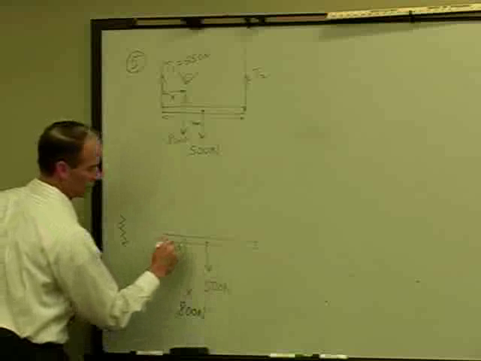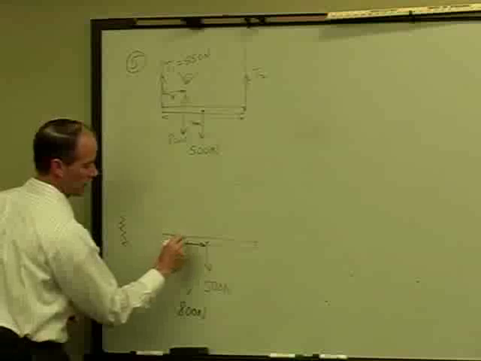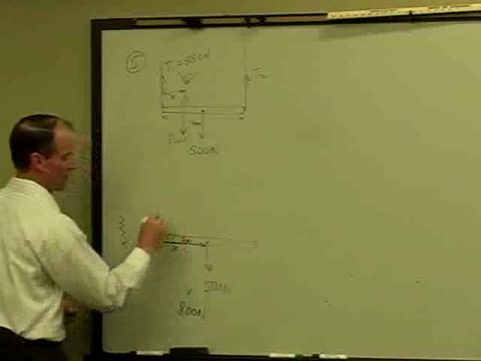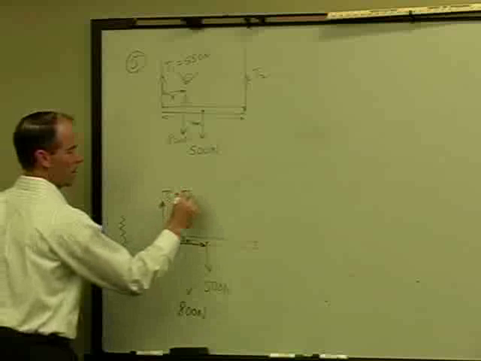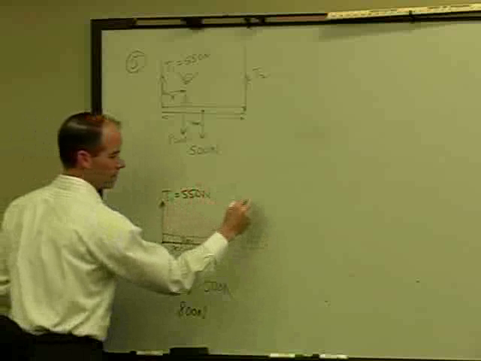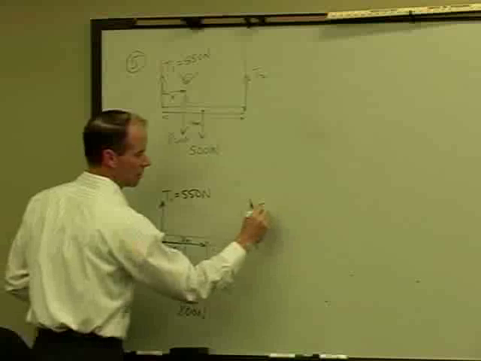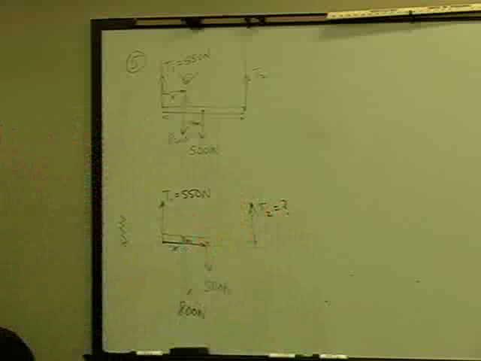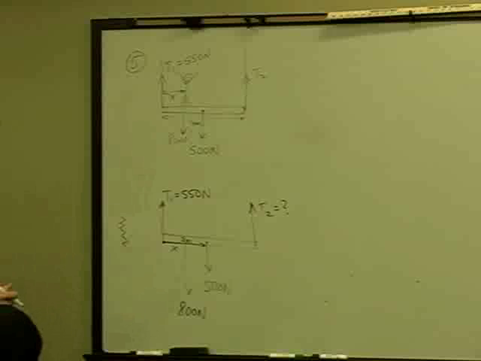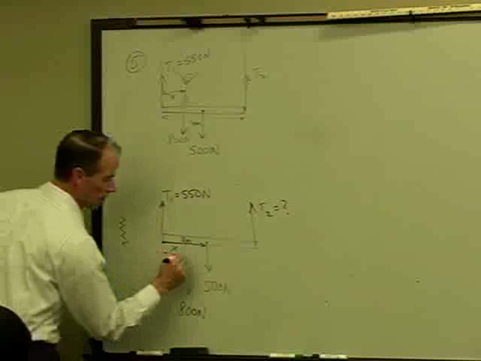The 500 newtons is a distance 2 meters away from this end. We've got tension 1, which is 550 newtons, and tension 2, which we don't know. I want to find x.